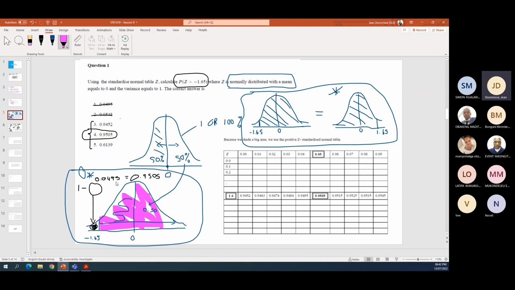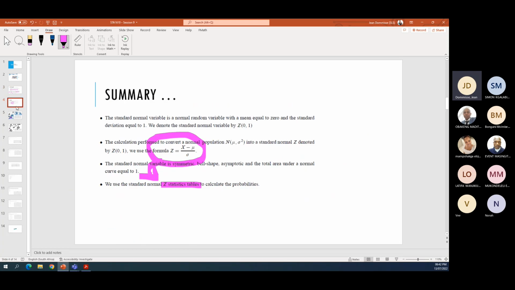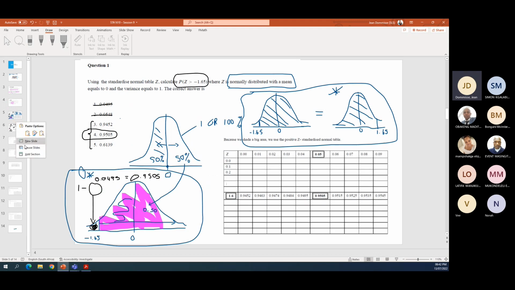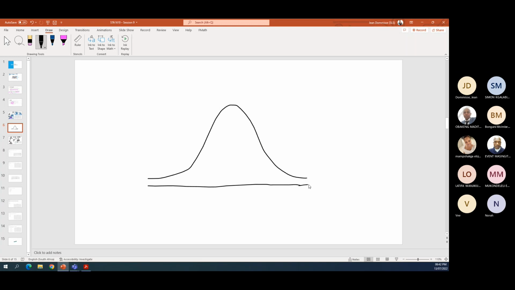Okay, cool. Let me put in just a new slide. So when we look at the normal distribution, in the middle of a normal distribution the Z value is 0.